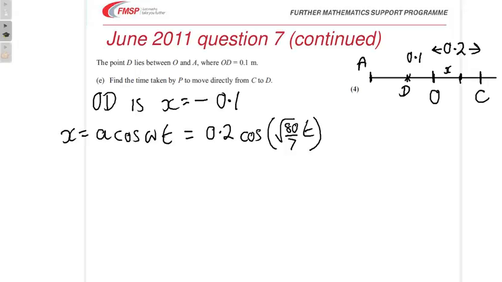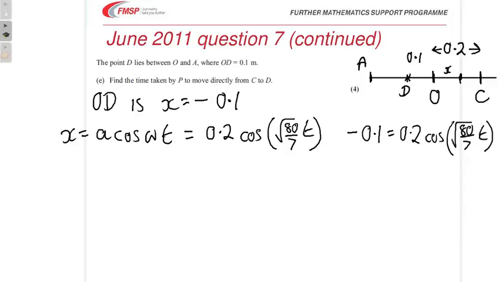So the time to reach X equals minus 0.1, beg your pardon. We've got minus 0.1 equals 0.2 cos of root of 80/7 t. Simple little trig equation. Well, not a bad trig equation to solve then.